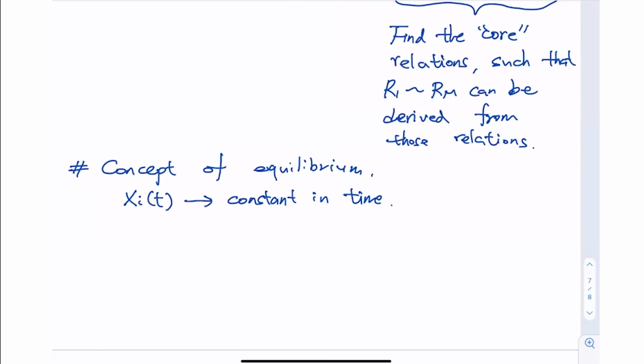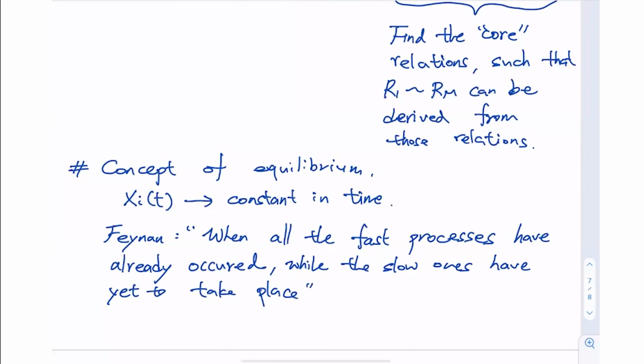So here I'm just going to quote Feynman's description about equilibrium. Basically, it is when all the fast processes have already occurred, while the slow ones have yet to take place.